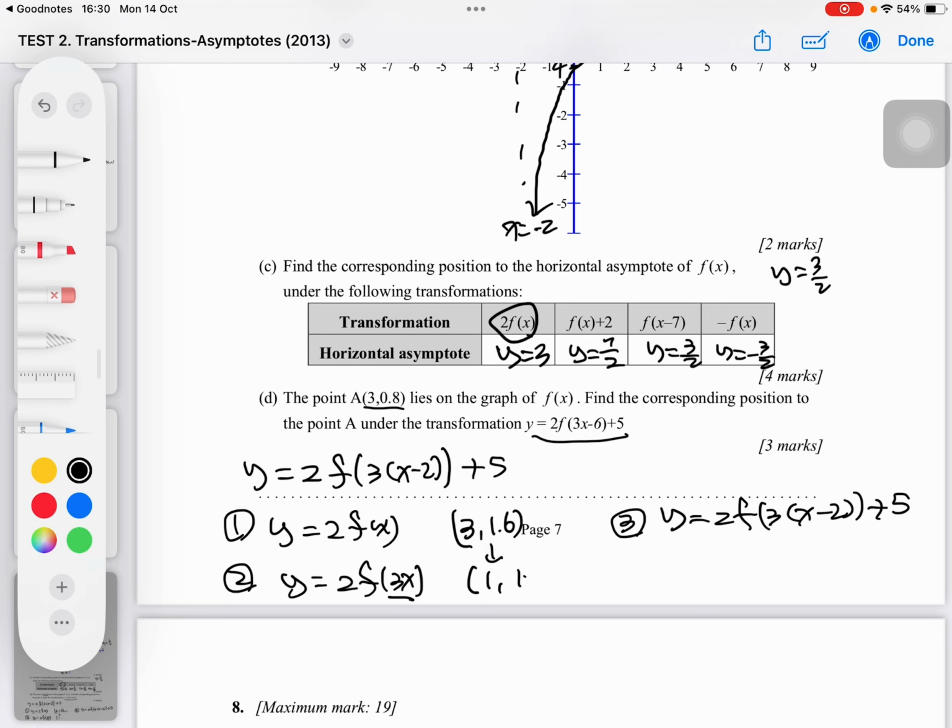So 1, 1.6. Because this is the compression by 1 over 3. And now go to the right 2 units, 5 units up. So to the right, 3, 6.6. This is the last answer.